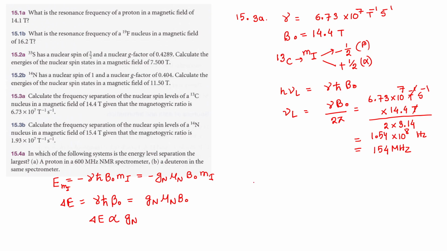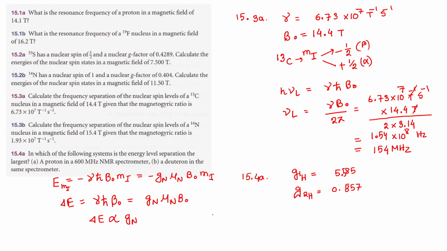Now for this question, let me write it down here: the G factor of proton, or what is known as proton, we know is 5.5857, and the G factor for deuterium is 0.857, right?